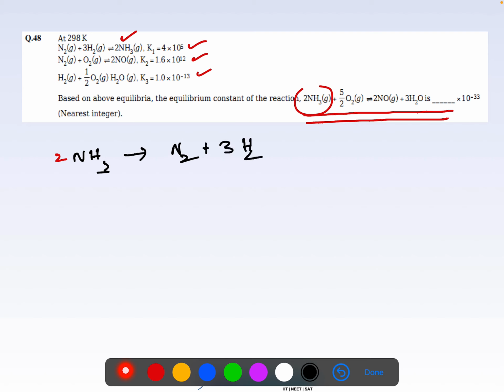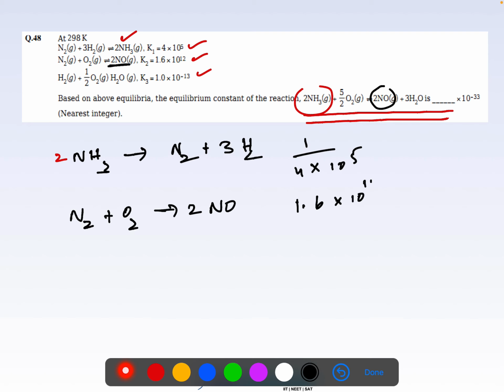So the K value will also be reversed. It will be 1 by 4 into 10 to the power 5. Here NO is on the product side, so I can take it as it is: N2 plus O2 giving rise to 2NO, and the equilibrium constant value is 1.6 into 10 to the power 12.